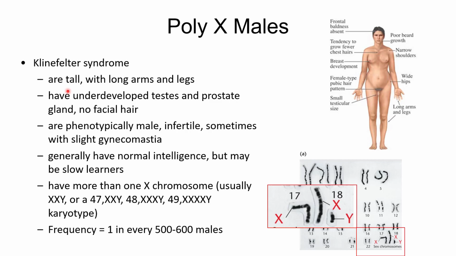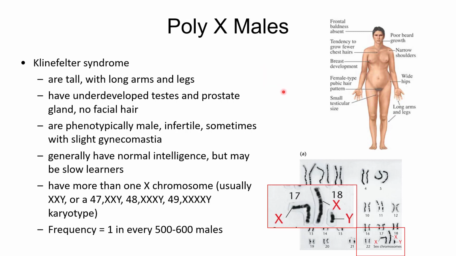Poly-X in males, where we have 2 X's and a Y, is also fairly common. The frequency is about 1 in every 500 to 600 males, so more common than poly-X in females. We call this Klinefelter syndrome. And there are a couple of characteristics that differentiate individuals that have this.